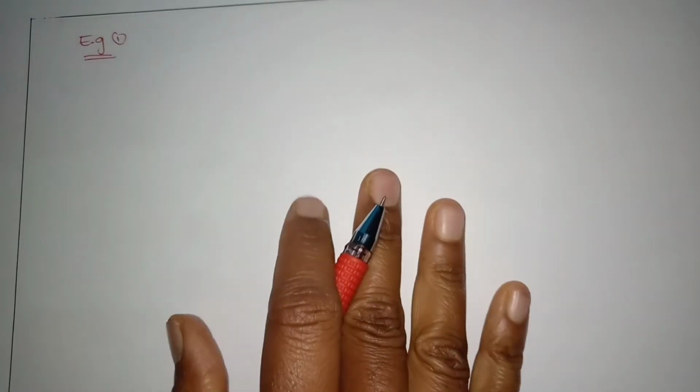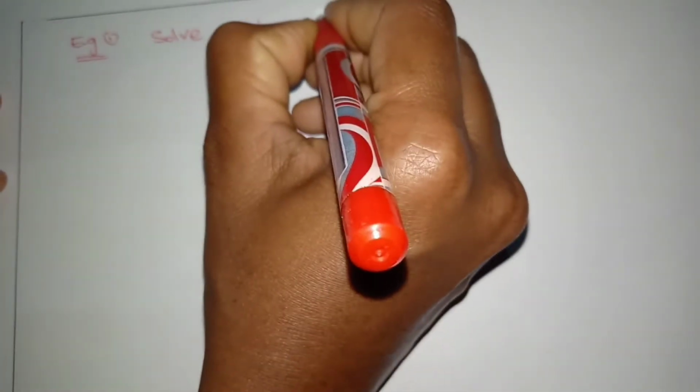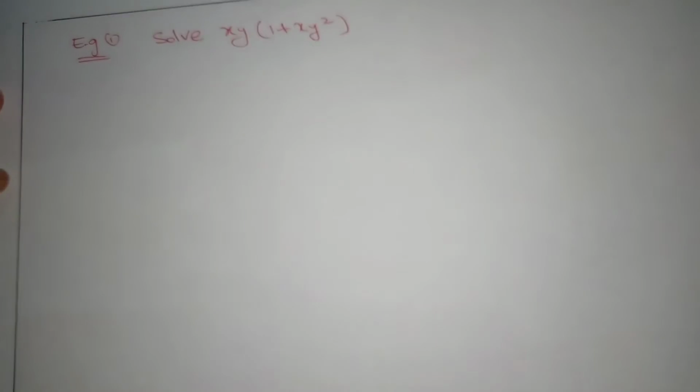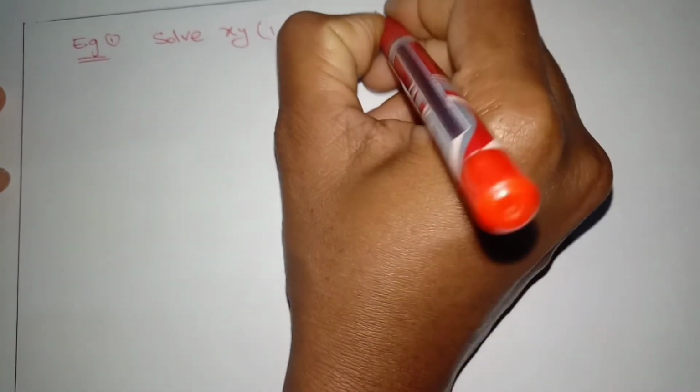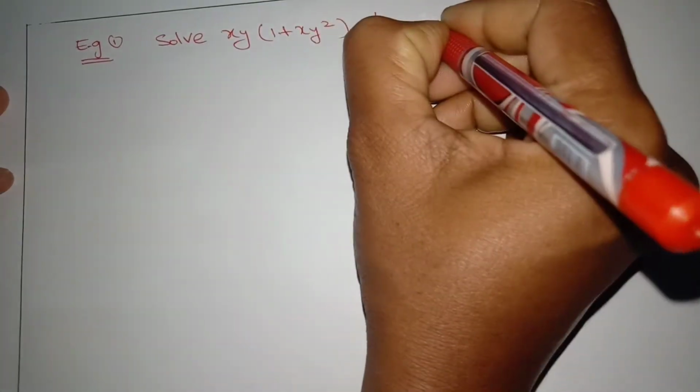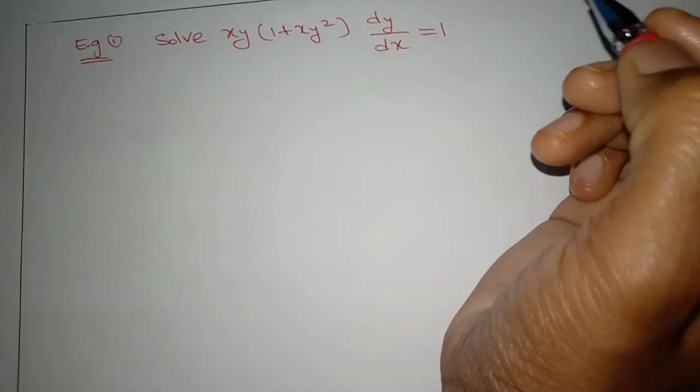Now I will explain an example problem of Bernoulli's equation. Solve xy into 1 plus xy square into dy by dx equals to 1.